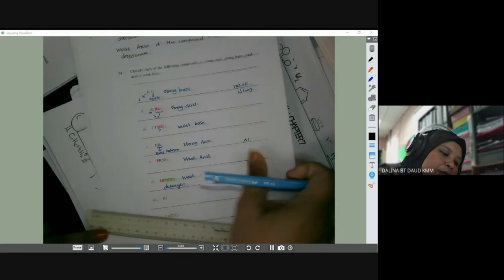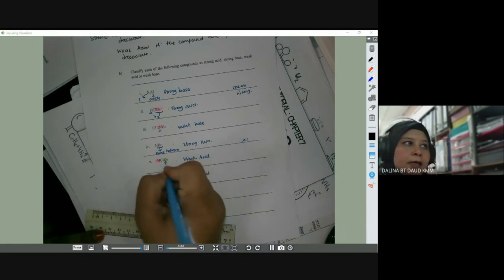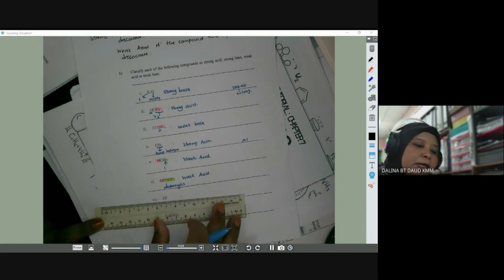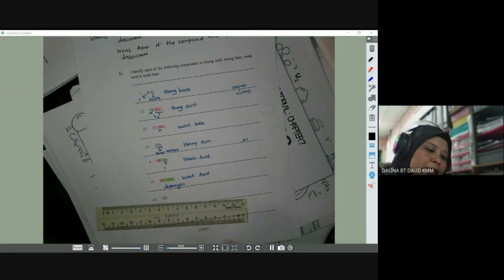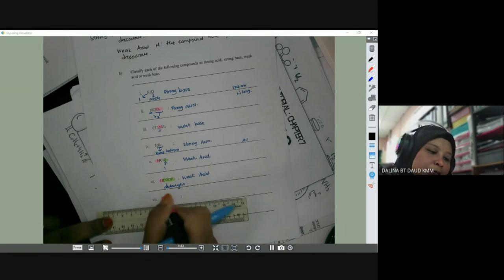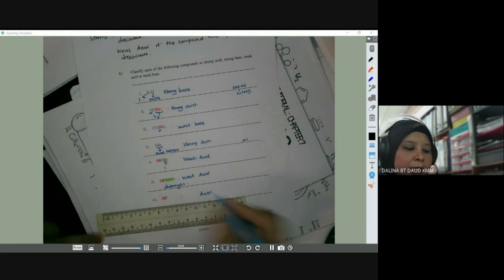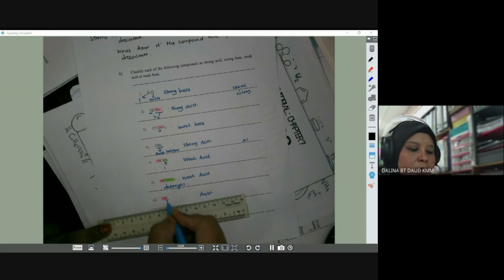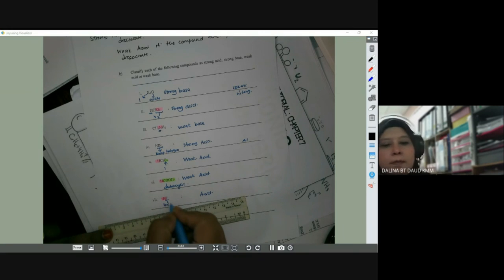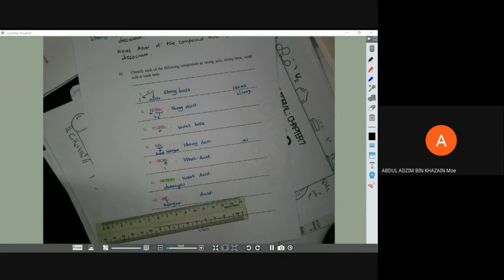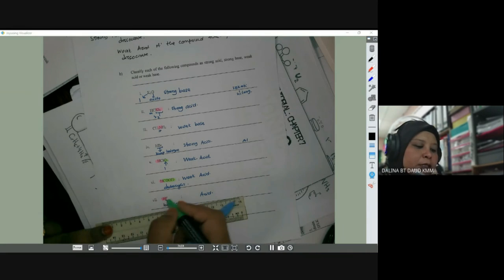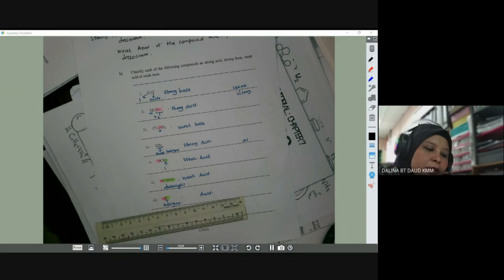The last one. HF. Dia ada H, so we know this is acid. And this has halogen. Azim, kalau yang ini ada halogen juga. So, dia strong ke weak? Weak. Yang ini exceptional. Dia weak acid.